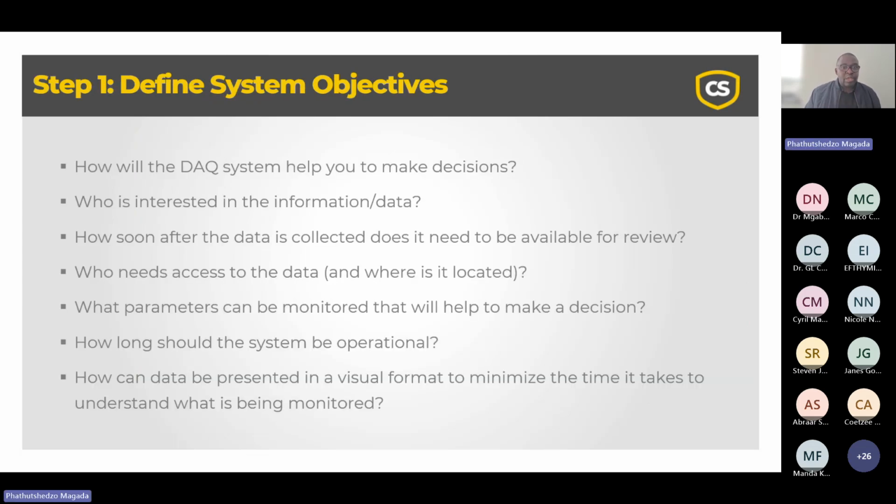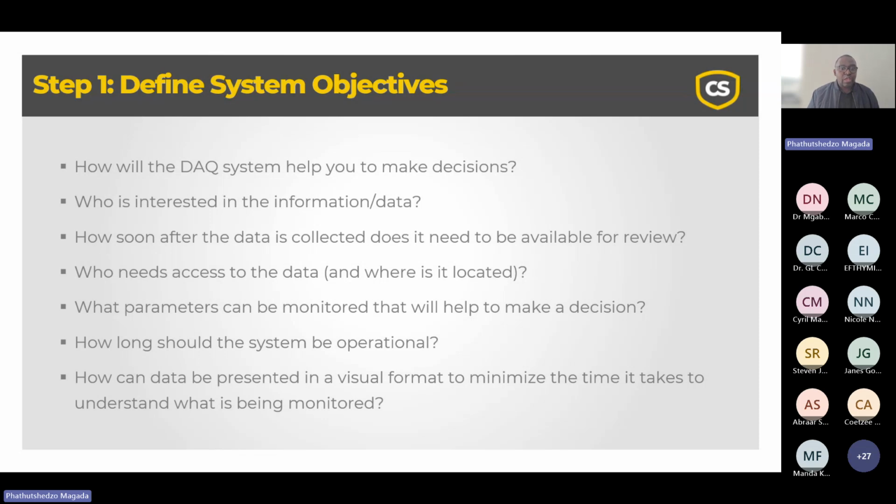So, as we have said, the first step is to define the system objective. How will the data acquisition system help us make decisions? And who is interested in the data acquisition system? So we need to define all relevant stakeholders who have interest in it and be able to accommodate them so that when we present the data, it meets their needs.